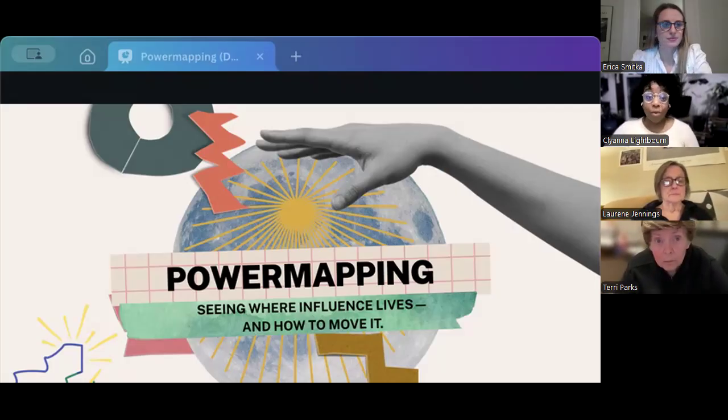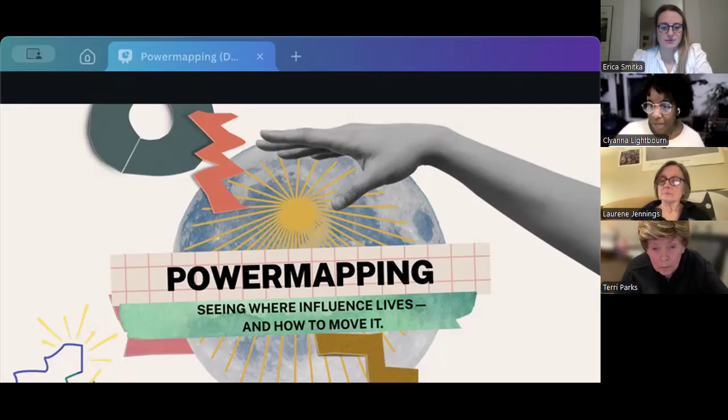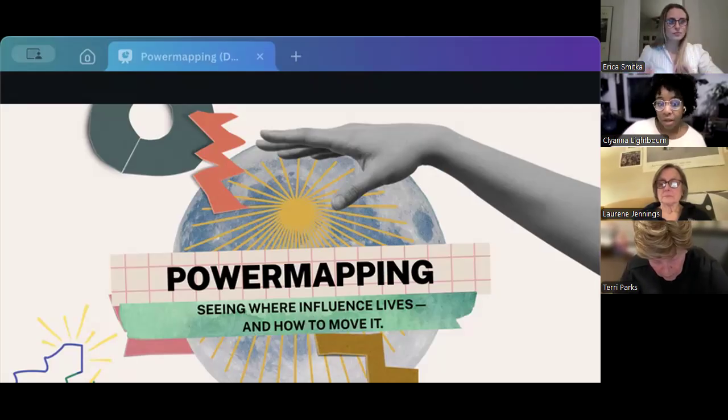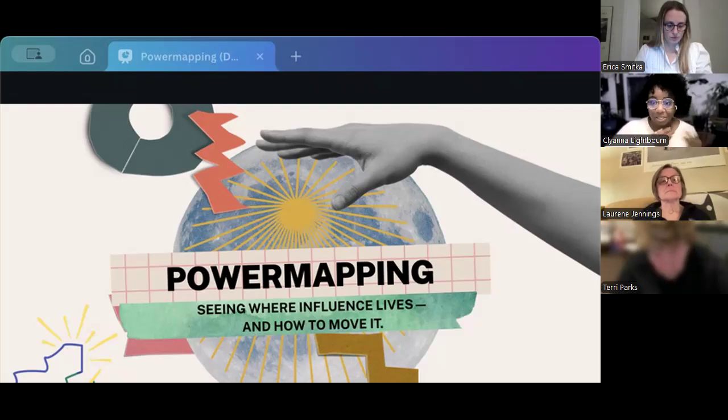Today we're learning how to use power mapping, which is a simple visual tool that helps us understand who holds influence in a campaign and how to shift it. We'll walk through this using the Democracy During Detention Act because I know a little bit about that one as our live example.